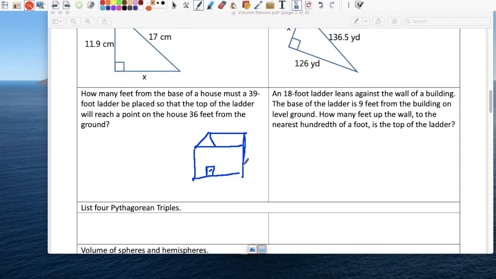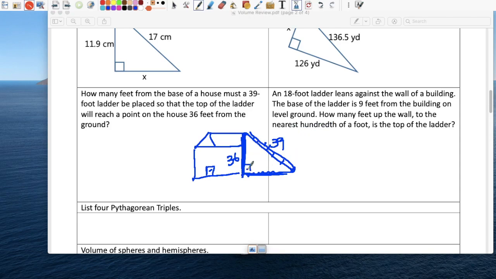So they're saying if this is 36, I'll put 36, and this ladder here measures 39. So what is this distance here? That's what we're looking for. How far should the base of the ladder be from the base of the house?